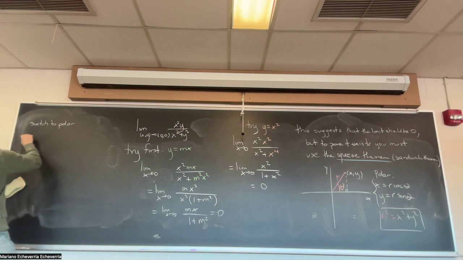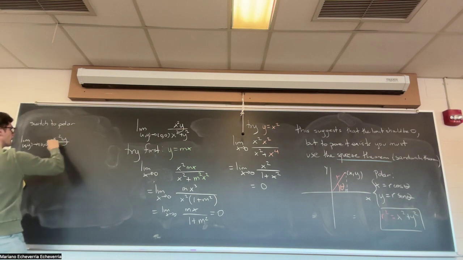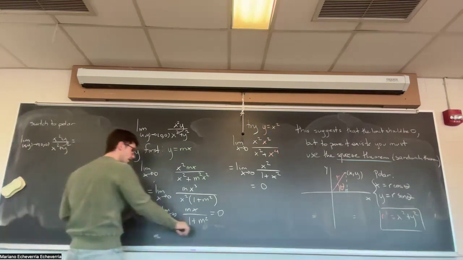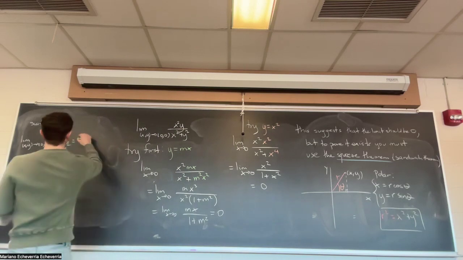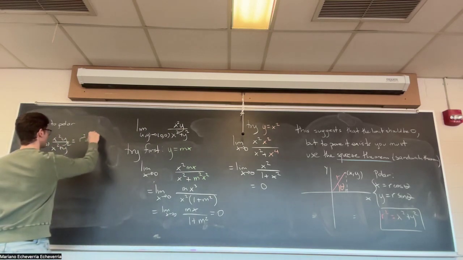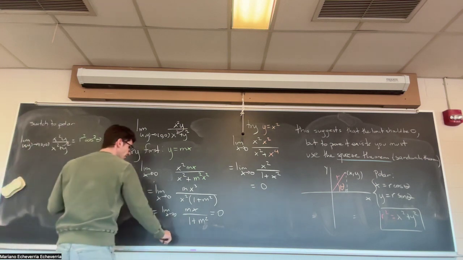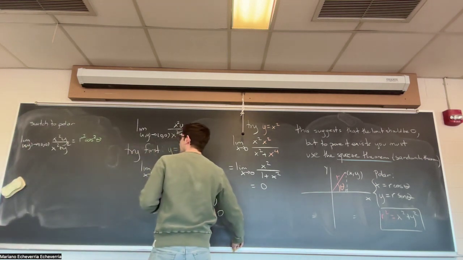What does that mean here? x squared is r squared cosine squared of theta, and y is r sine of theta. So that's what the numerator gives you.